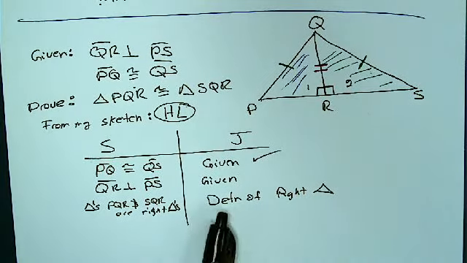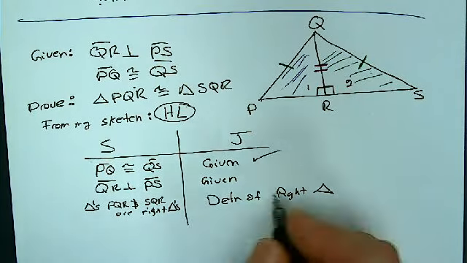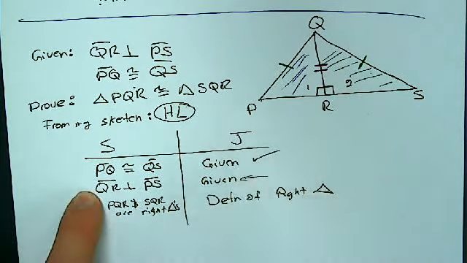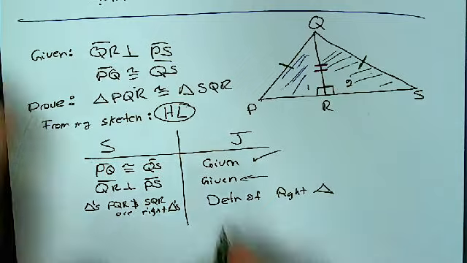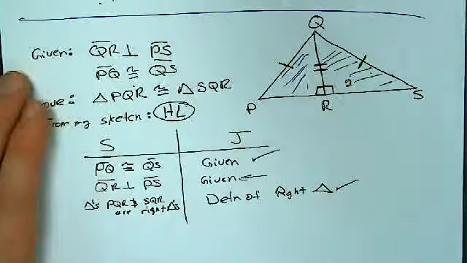I'm not overly worried about how you approach that as long as you say something to the effect of, yes, hypotenuse leg is a legitimate choice because I have right triangles. Some people even just say saying this alone is enough because it's perpendicular, therefore it's a right angle, therefore the right triangle. Boom, we know that. But it's important to get that fact out there on some level.